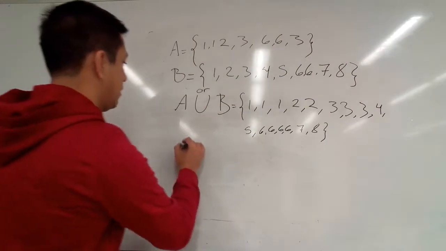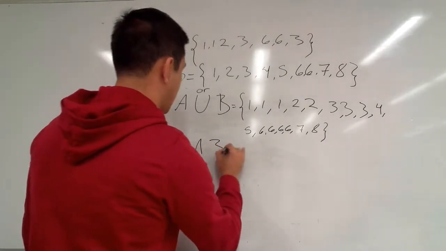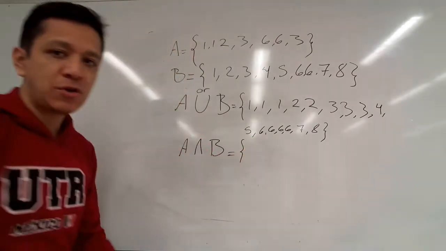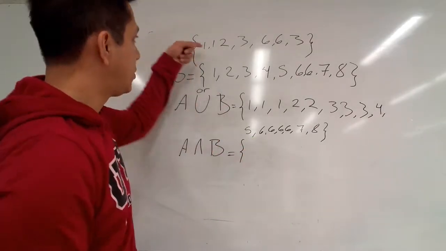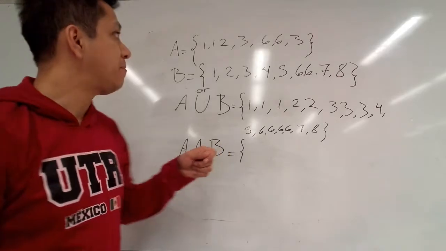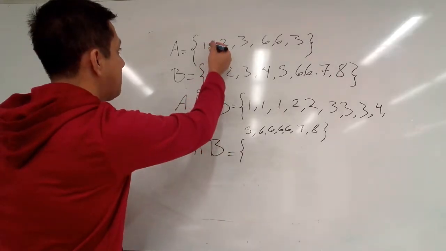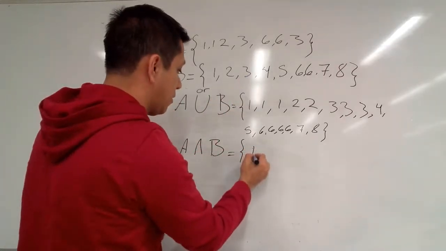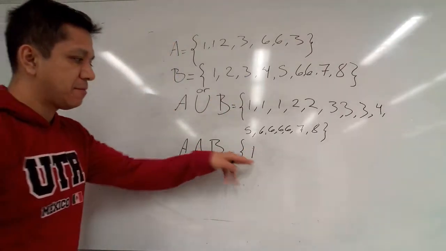Also, we have A and B. This is going to be placed just 1 time, which is in A and is in B. Does 1 appear here? Yes. Does 1 appear here? Yes. So which appears in A and B? The number 1.